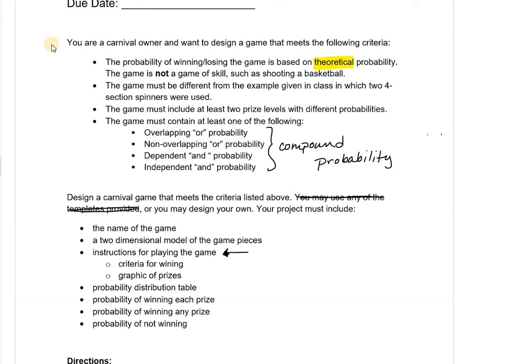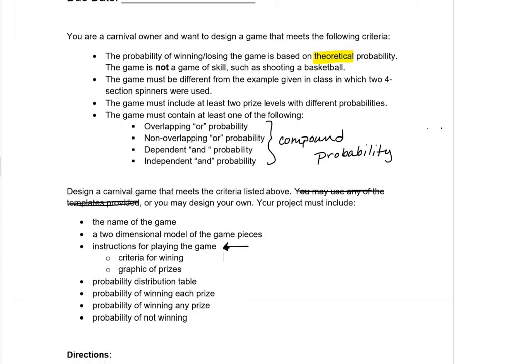And also you need to include a graphic or picture of the prize that you're going to be winning. You also need to include a probability distribution table, the probability of winning each prize, the probability of winning any prize, and the probability of not winning.